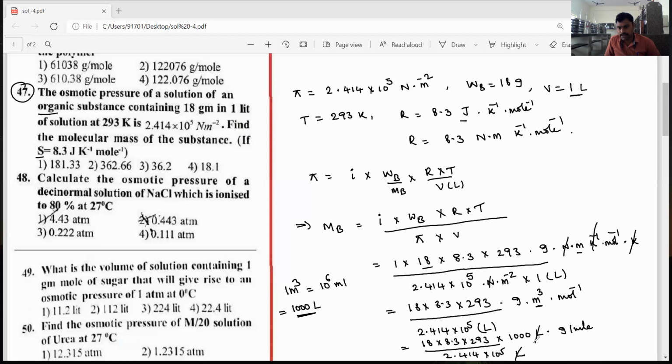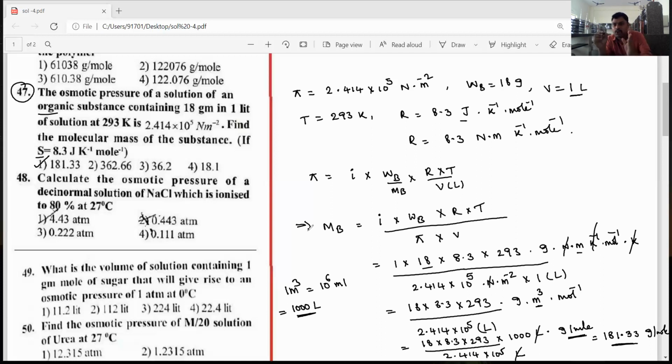This liter will cancel, and the resultant gram molecular weight, the molar mass, comes in gram per mole. On simplification we will get 181.33 gram per mole.